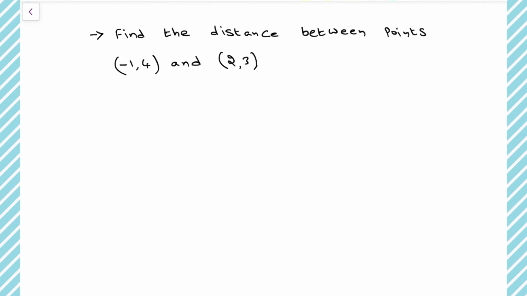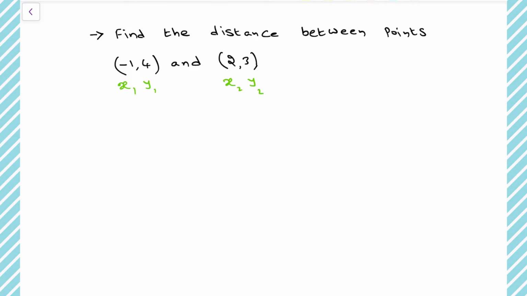Next, find the distance between the points minus 1 comma 4 and 2 comma 3. So the given points you take as x1 y1 and x2 y2.